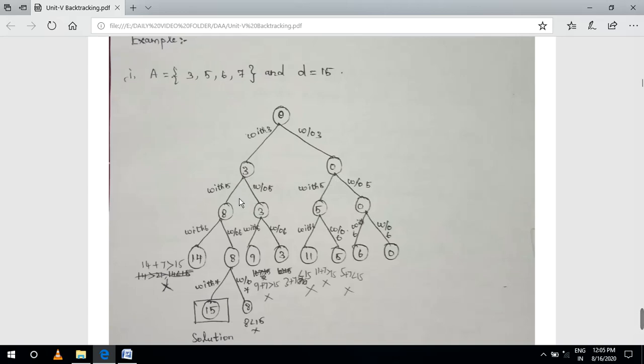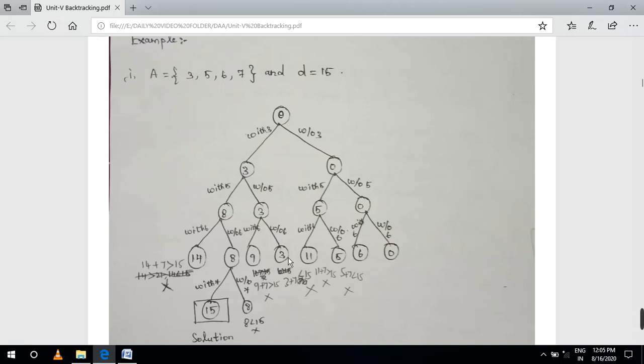Next level, the third value, 6. You go across all the tree levels with 6 and without 6. With 6: 6 plus 8 is 14. Without 6, you directly keep 8. Next, 6 plus 3 is 9.